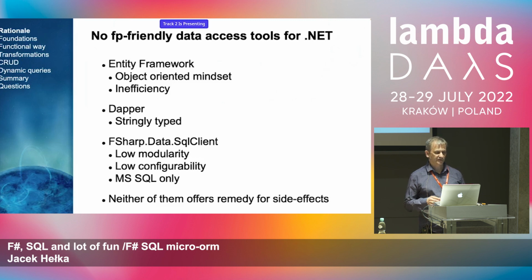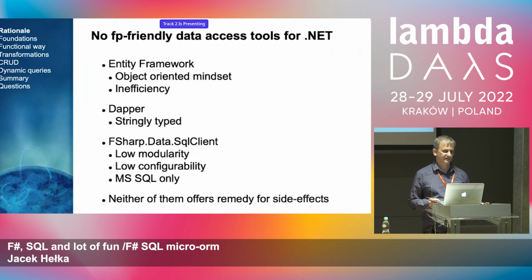It is a big, full-blown, feature-rich, Microsoft-backed object relational mapper. And in this case, it was not a very good choice because of its object-oriented mindset. The biggest obstacle was, in my opinion, the mutable object graph, because it has a huge impact on the whole application.